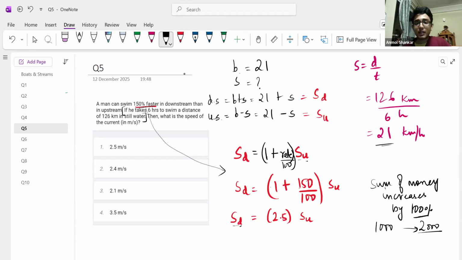Right, very simple. Just have to substitute the values. Question ல வந்து speed of the current கேட்டிருக்காங்க, S ஓட value கேட்டிருக்காங்க. So now you will just substitute what is SD, what is SU. Everything is in terms of S. So we will have 21 plus S is equal to 2.5 into 21 minus S.